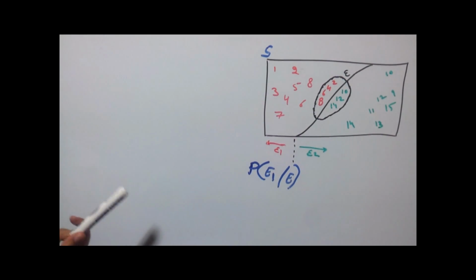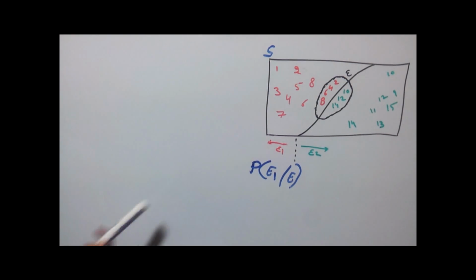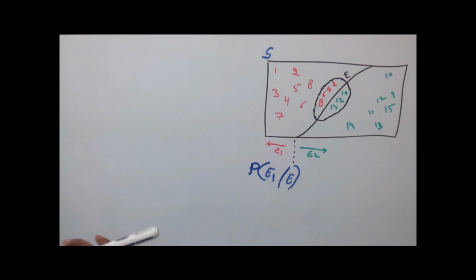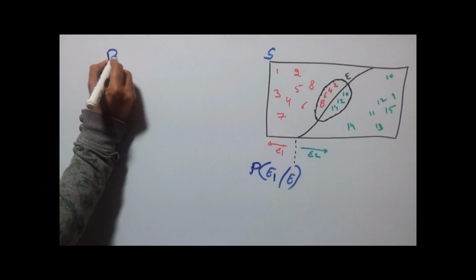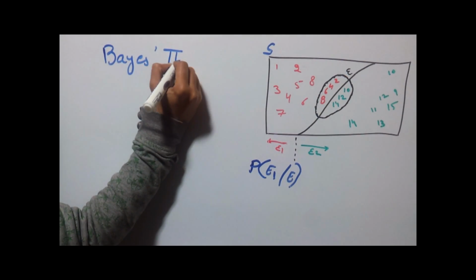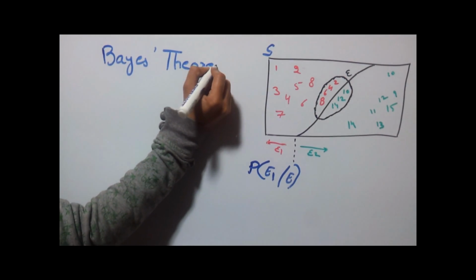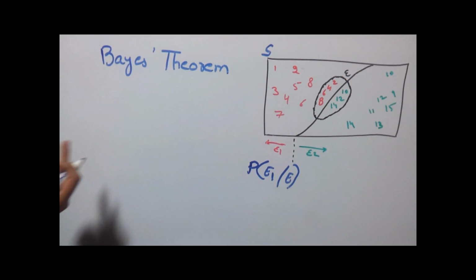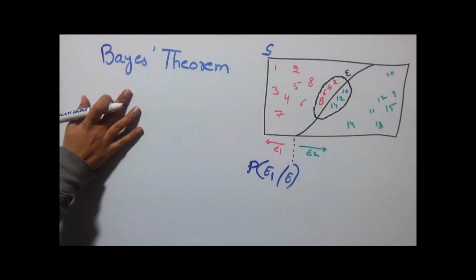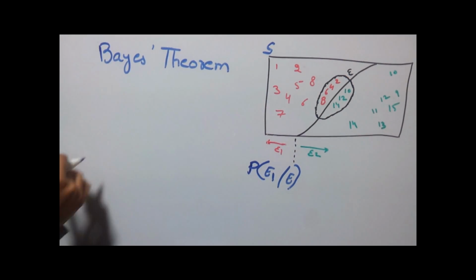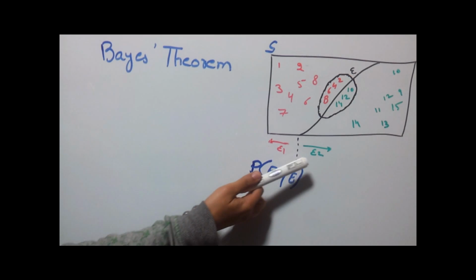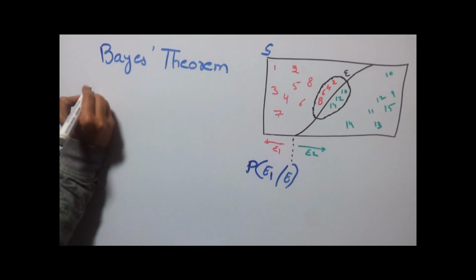Now if we use the previous formula that we have taught you to solve this problem, it would be tough. So we are introducing a new concept, that is Bayes theorem. Bayes theorem is just a simple mathematical formula to calculate conditional probabilities for mutually exclusive events, and we can see that E1 and E2 are mutually exclusive events here.